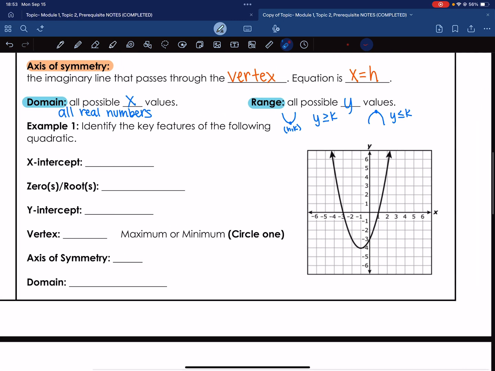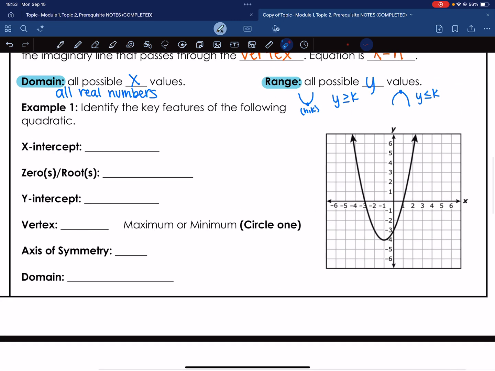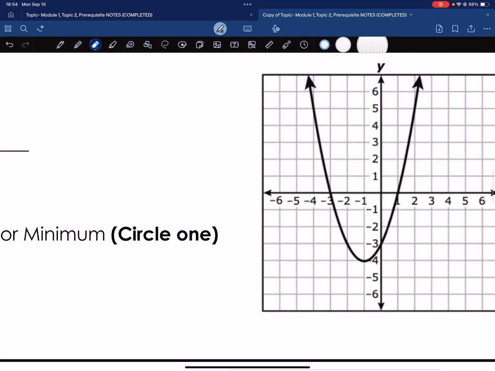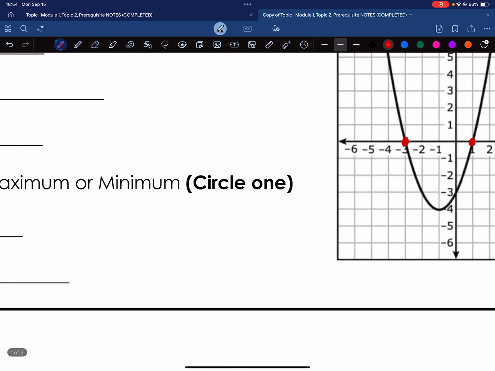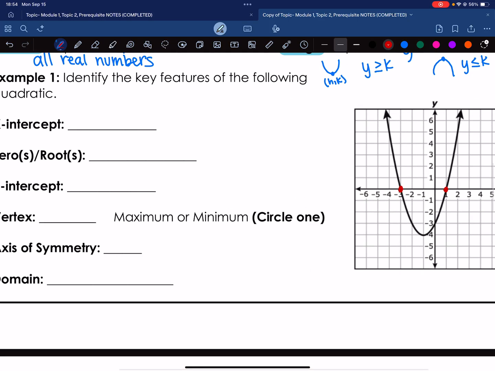So here we go. We're going to analyze this picture and identify the key features. X-intercepts is where it's crossing the x-axis. So we have -3 and we have 1. For the purpose of our assignment, we're going to write (-3, 0) for the first one, comma, our second one, which is (1, 0).